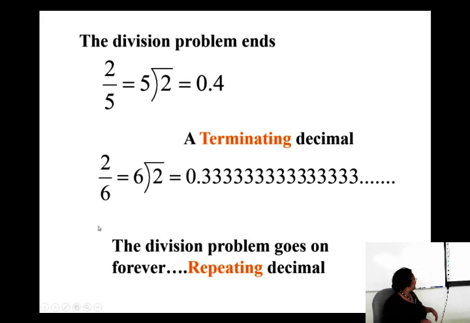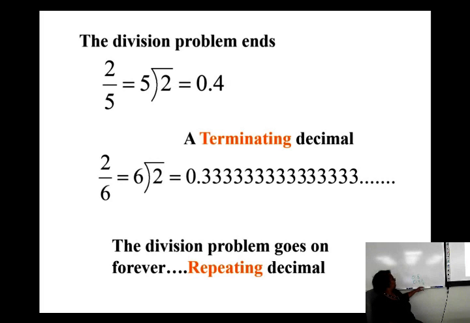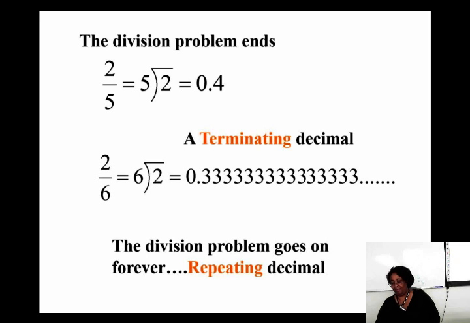I could write that as 0.3 with a line over it, or 0.3 and a third. Now 0.3 and a third is called a decimal fraction. Another word for decimals is decimal fraction, because a decimal does represent part of a whole. It is like a fraction.